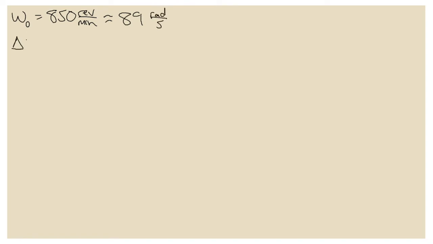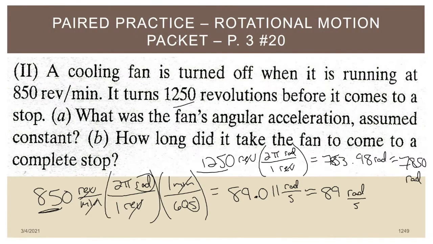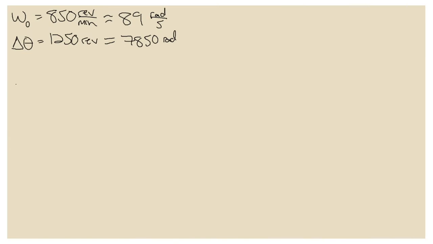They tell us the angular displacement was 1250 revolutions, which, as we just calculated, is equal to 7850 radians. Now notice, if we go back to the text of the problem, it tells us the cooling fan turns that many revolutions before it comes to a stop. And so that means our final angular velocity here is 0 radians per second.